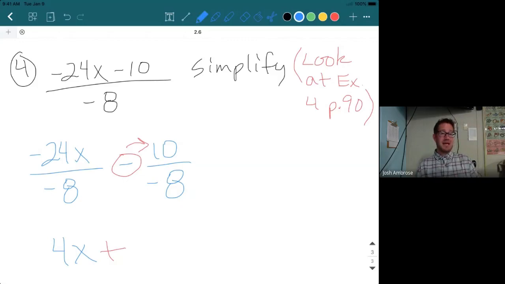Now, 8 over 10 does not work out perfectly, but it can be reduced. So reduce 8 over 10. What goes into both 10 and 8? 2. That's going to be the best number that goes into it. So that would drop this to a 5 over 4. All right, so 4x plus 5 over 4.